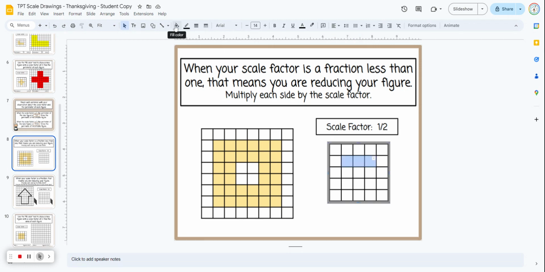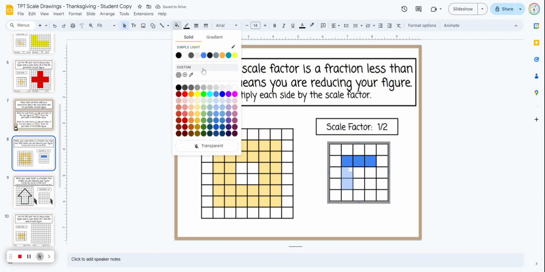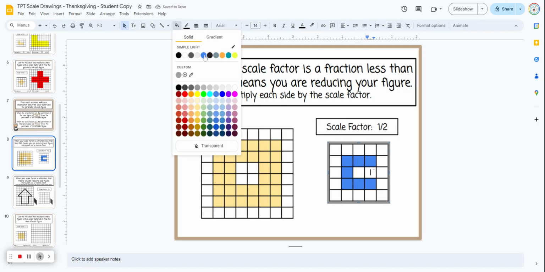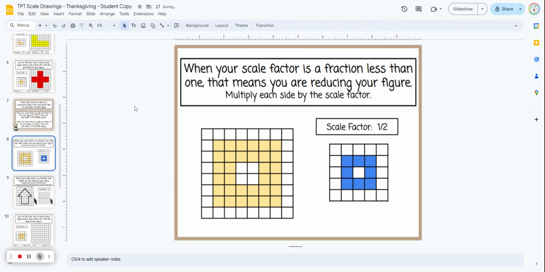And this one's a little bit tricky because they're going to keep that empty space in the center. And now they have a scaled down version by scale factor of 1/2. So the new figure is 1/2 the size of the original figure.